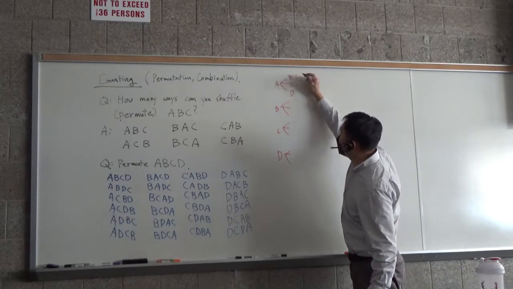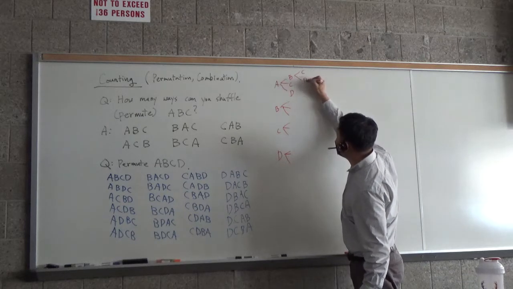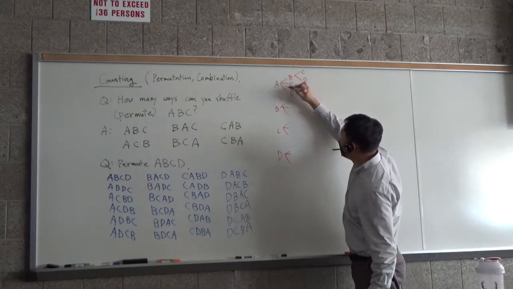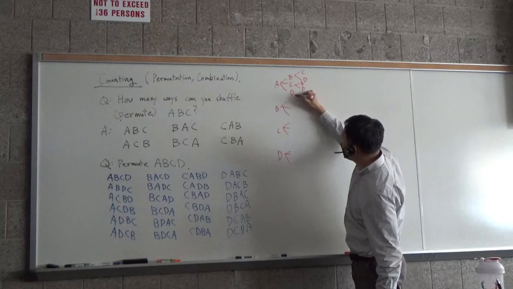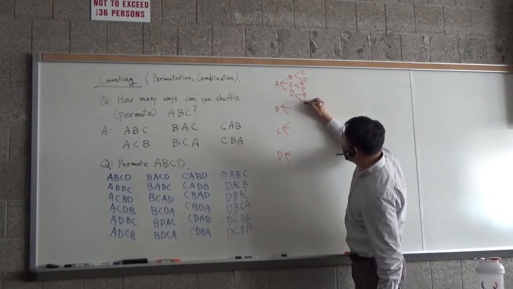And then if you have A and B used up, then there are two more choices. It could be A, B, C or A, B, D. Same thing here. It could be A, C, B or A, C, D. And finally, it would be A, D, B or A, D, C.